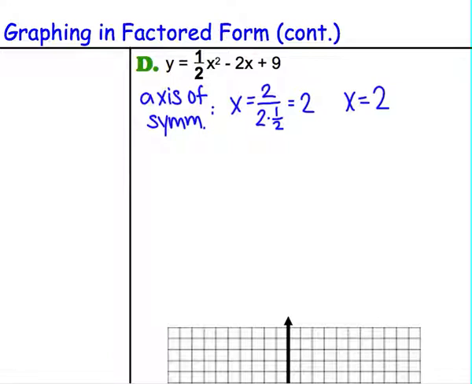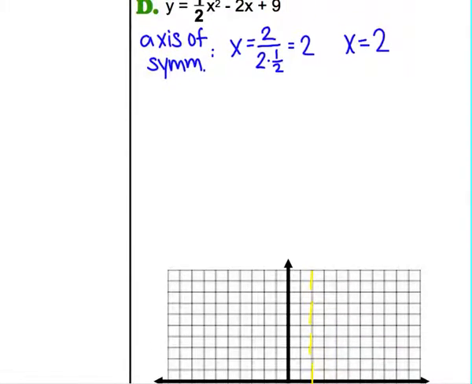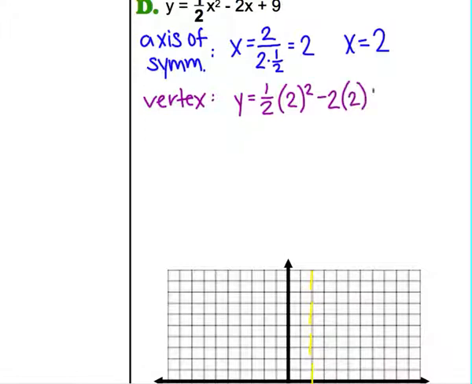Let's go ahead and draw that in right away. Then we can go ahead and find our vertex. Our vertex is going to be y equals 1/2 times 2 squared minus 2 times 2 plus 9. 2 squared is 4. 1/2 of 4 is 2 minus 4 plus 9. 2 minus 4 is -2 plus 9 is 7.